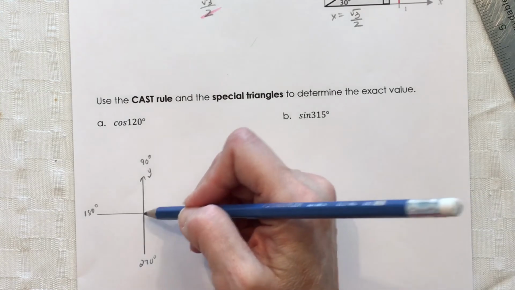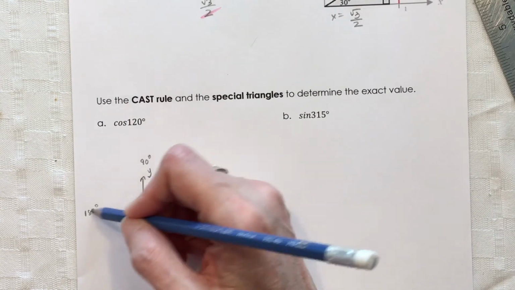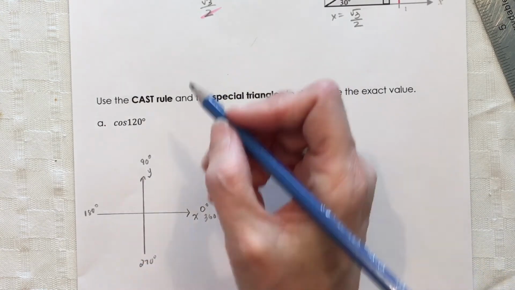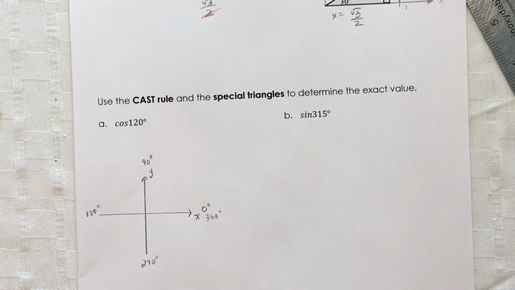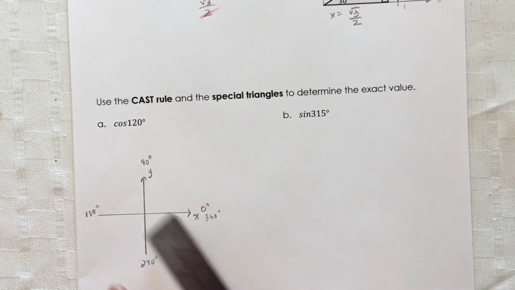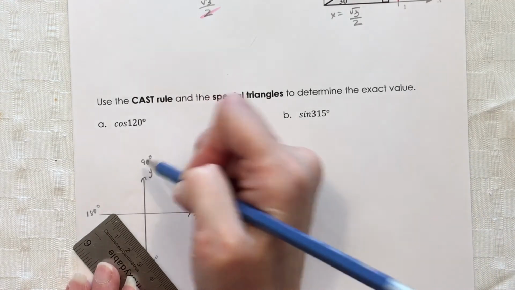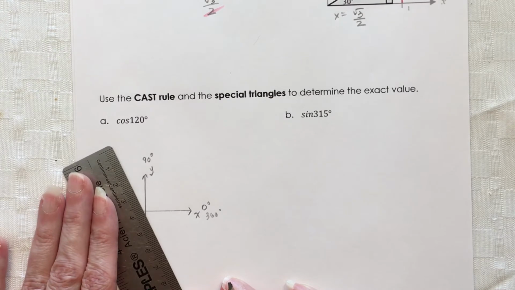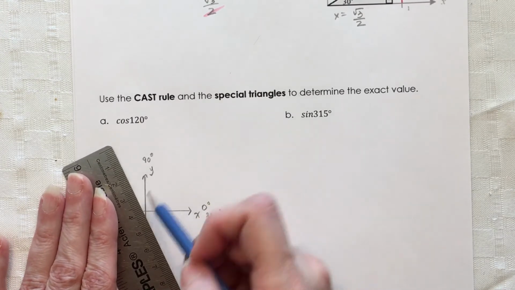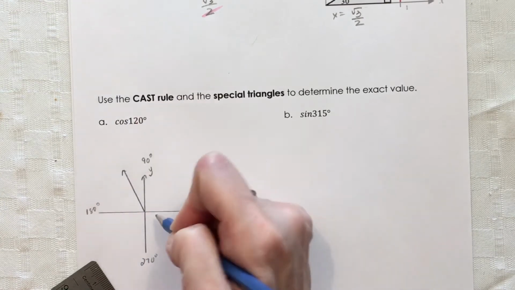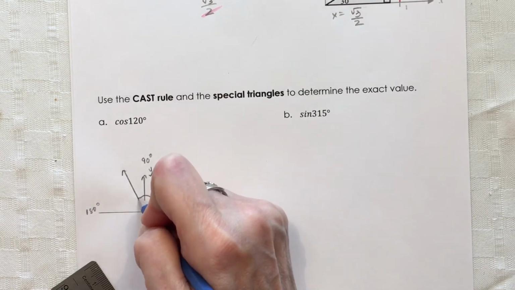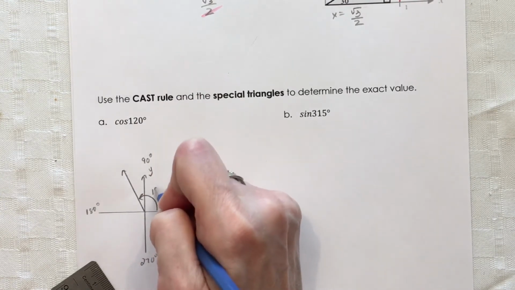So here's 90, here's 180. 180 minus 120 is 60. Or we know that 120 is 30 more than 90, so the 120 should be drawn so that it looks closer to the y-axis. So here's 120 degrees.